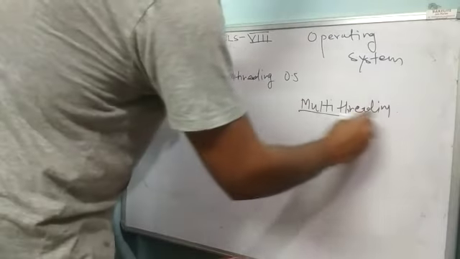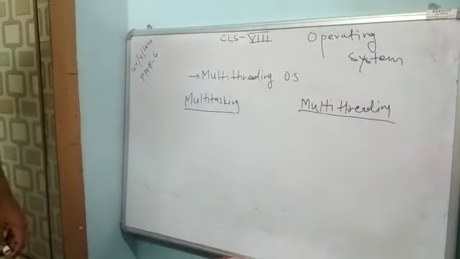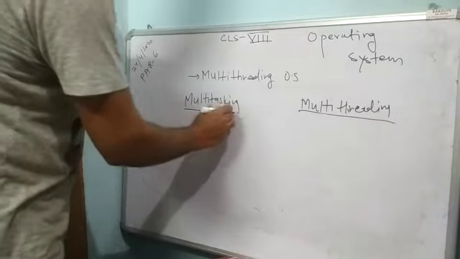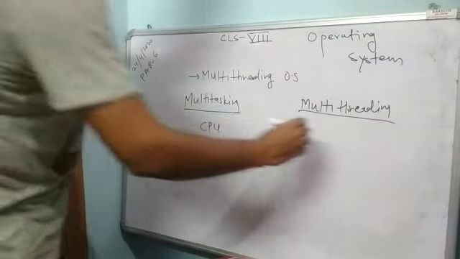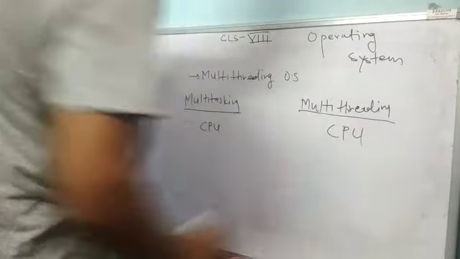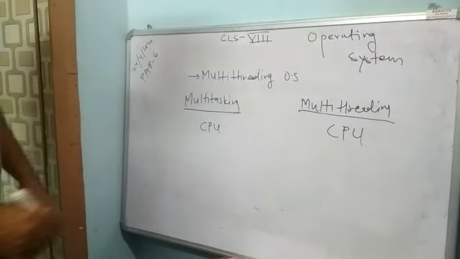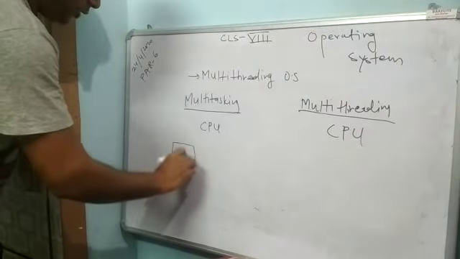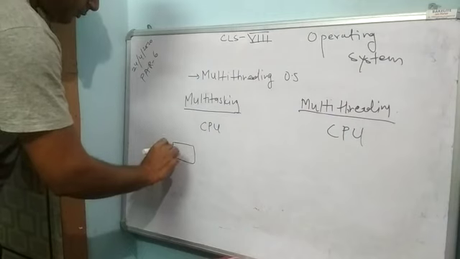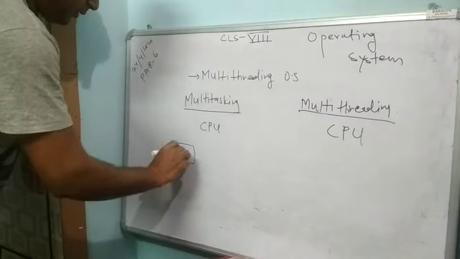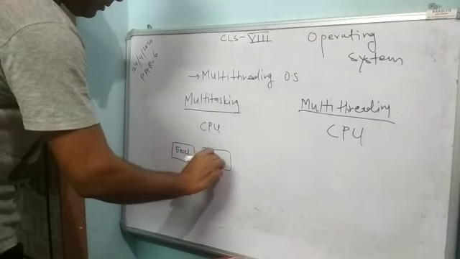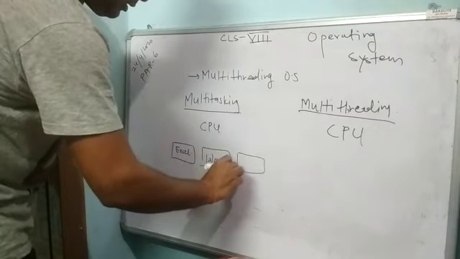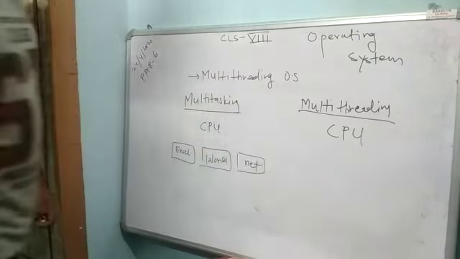Multitasking and multi-threading are different. In multitasking there is one CPU, and here also we have one CPU. Suppose three programs, Excel, Word, and you are doing net surfing.